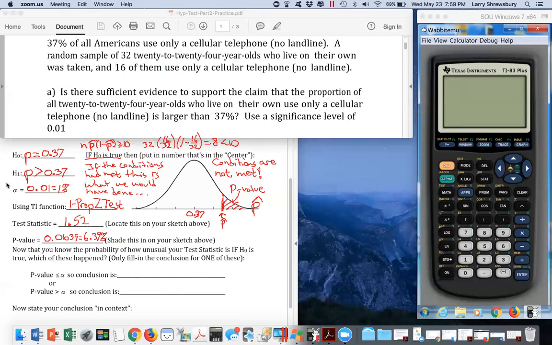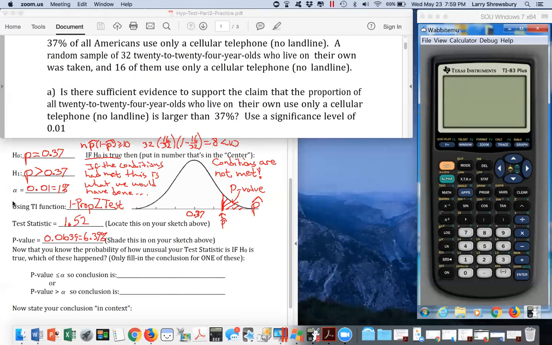Well, the problem is that when you make this probability of a type 1 error so small, you skyrocket, make much bigger the probability of a type 2 error. So you better have a darn good reason why a type 1 error is so much worse than a type 2. Okay, so keep running those two types of errors through your head because it takes practice getting used to that.